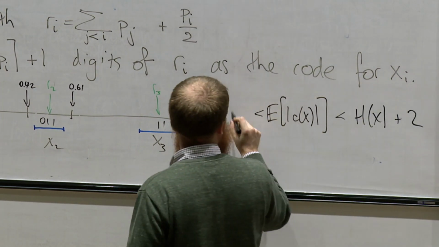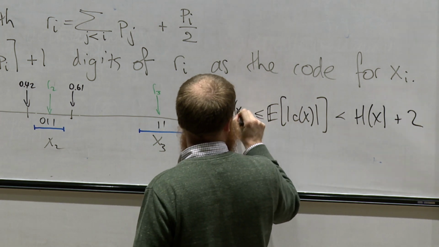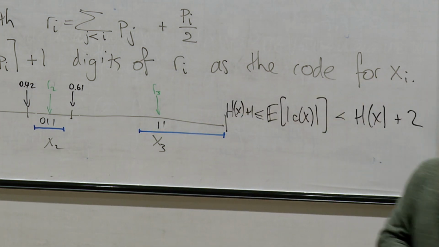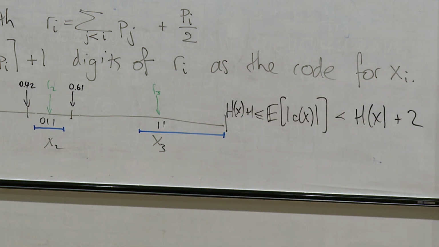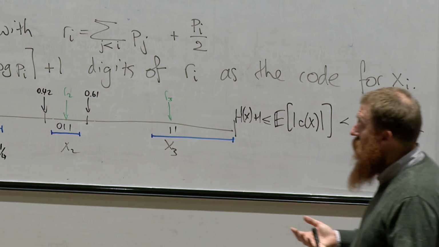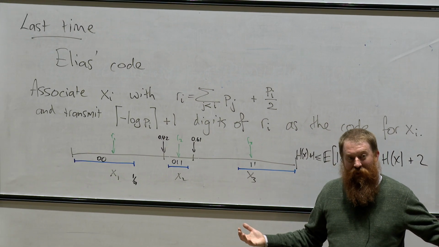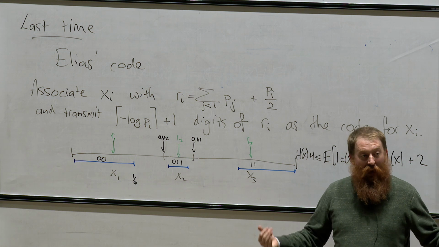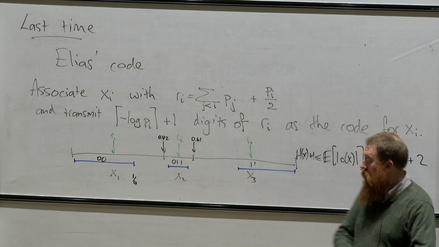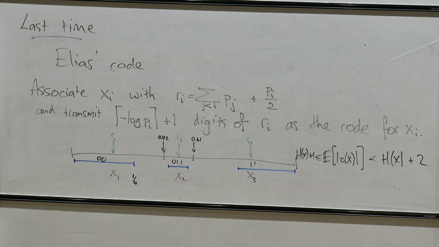And in fact, we can do, on the other side, H of X plus 1. Because I've burnt that extra digit, but the advantage is I don't have to order the probabilities. And that gives me a huge advantage in practice because I don't have to take potentially a very large number of probabilities and sort them and store how I've sorted them. Okay, now that's Elias's code.